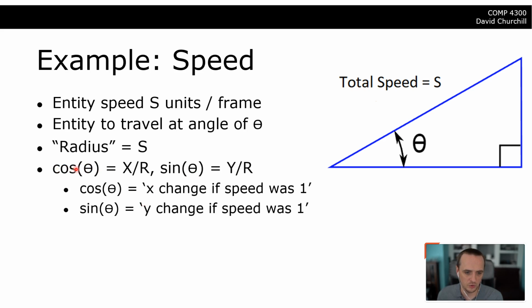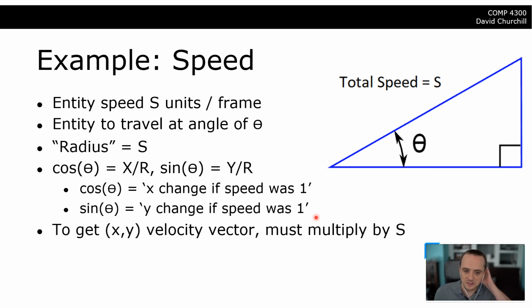So we know that cosine of theta is x over r, sine theta is y over r. If we think about it in terms of the vector of the actual change in the x and y components, which is what we actually need in our game, then cos theta is the x change if the speed was equal to 1, and sine theta is the y change if the speed was equal to 1. So to get the xy velocity vector, we have to multiply that by the speed value.